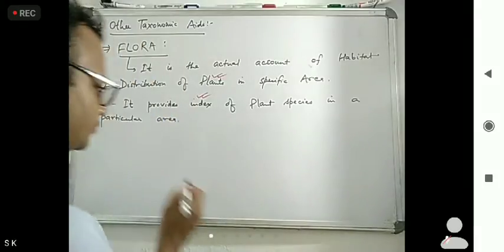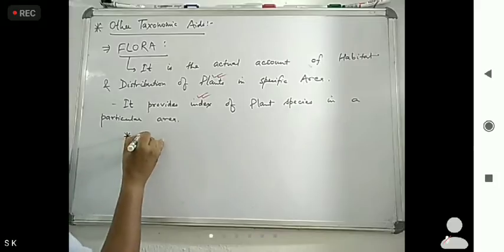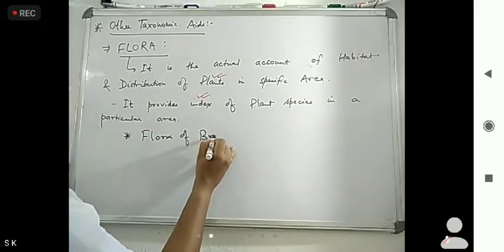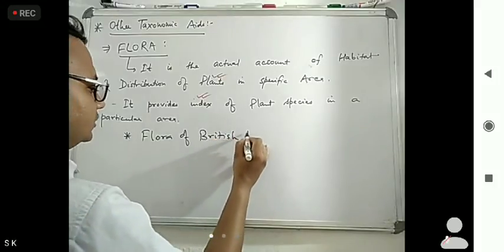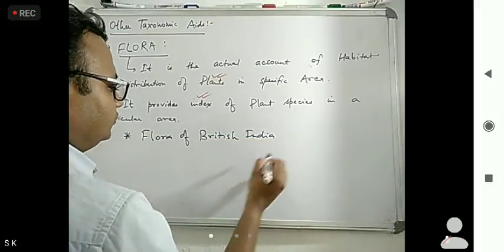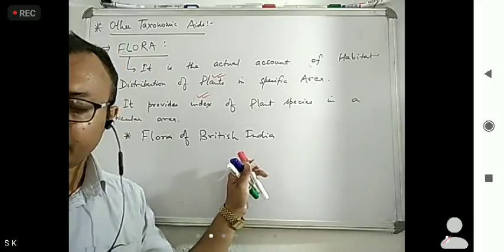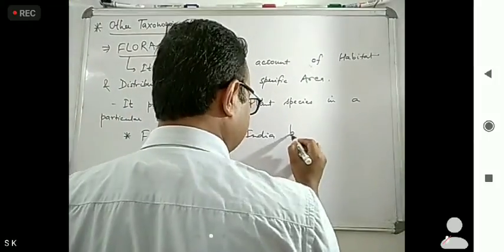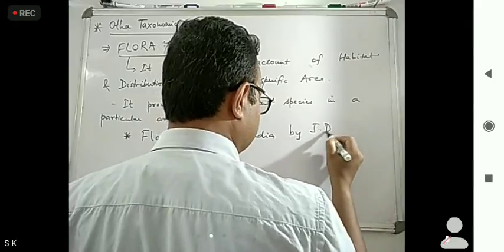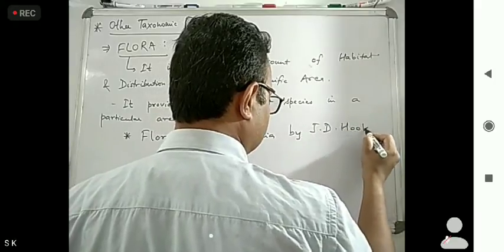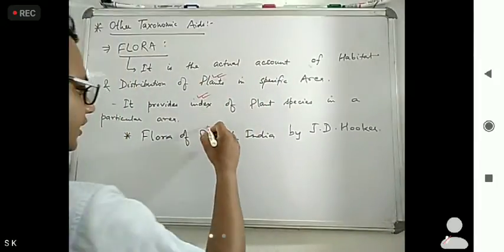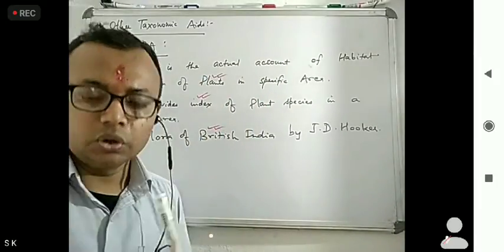So first is Flora of British India, and it is written by J.D. Hooker. So this you have to remember, by J.D. Hooker. Okay, Flora of British India by J.D. Hooker.